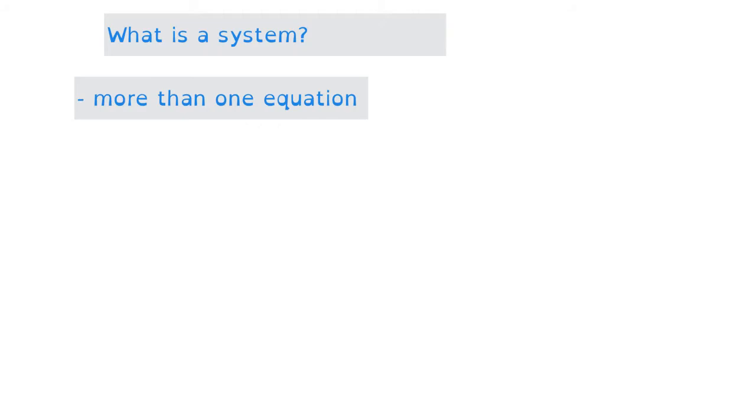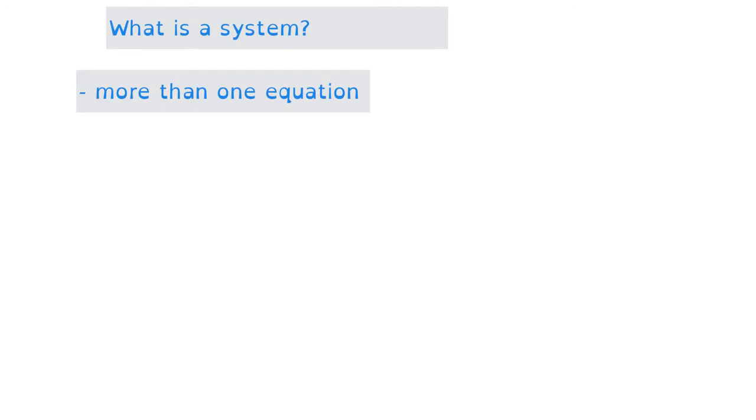In order to completely solve a system of equations and get a singular answer, the number of equations has to equal the number of variables.